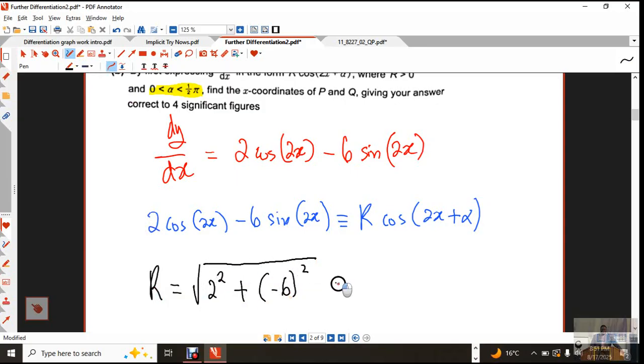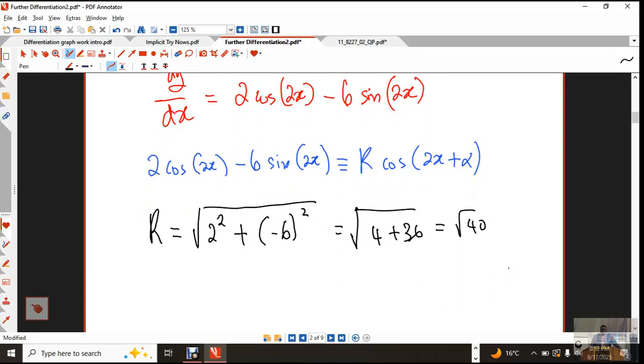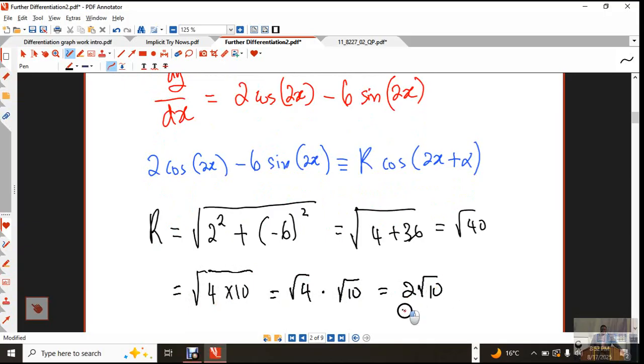That is the value of R. So that is 4 plus 36, which is the square root of 40. Now 40 can be written as 4 times 10, so the square root of 40 can be separated as the square root of 4 times the square root of 10. So this is 2 square root of 10. Of course, you can just use a calculator.